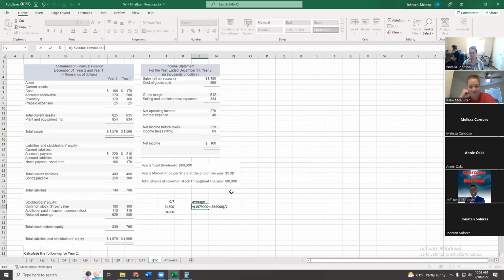I don't think I realized that I needed to do that. I'm pretty sure I got that wrong. Even in the exam, when they didn't give you all the information and you had to find the assets minus liabilities and stockholders' equity, that threw me off quite a lot too.